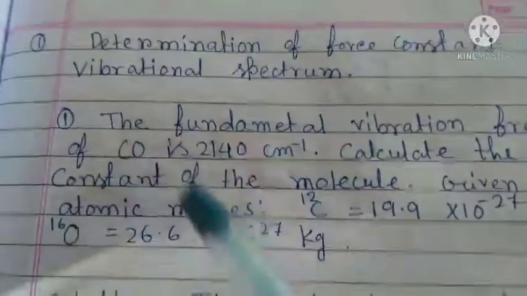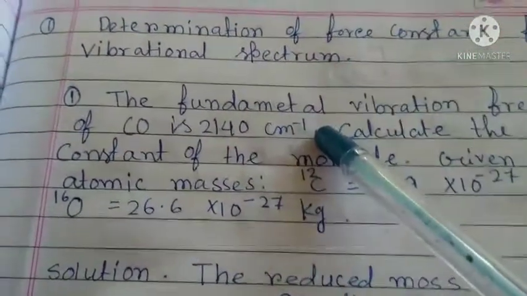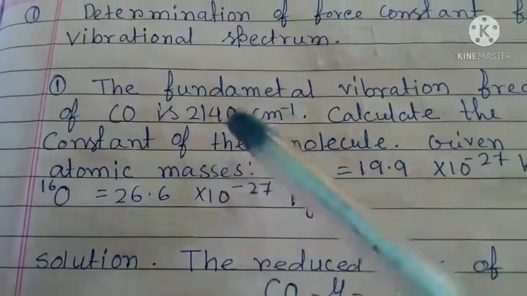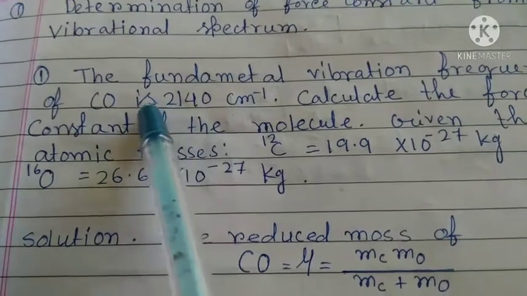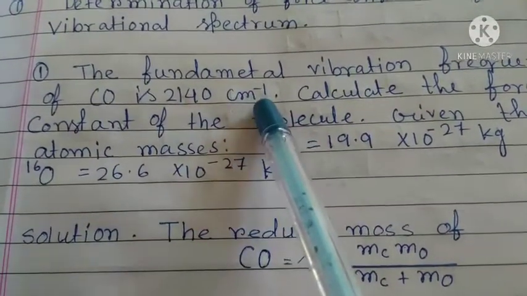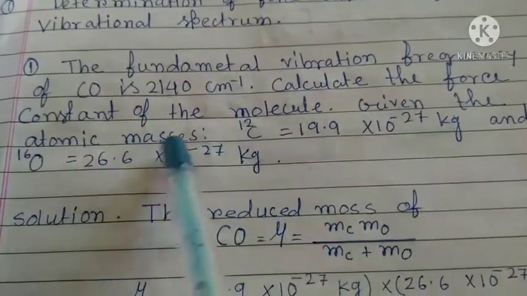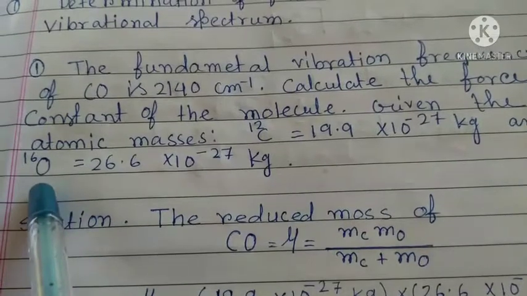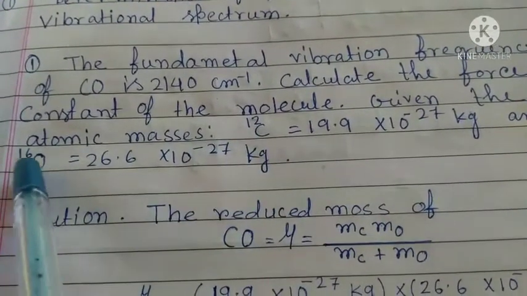Okay, now let's see one problem where the force constant has to be determined, where the fundamental vibration frequency is given for SHO. It is 2140 centimeter inverse, and the atomic masses of carbon and oxygen are also given, carbon 12 and oxygen 16.